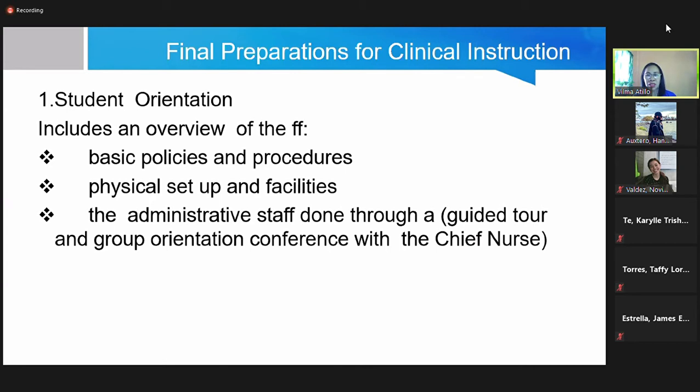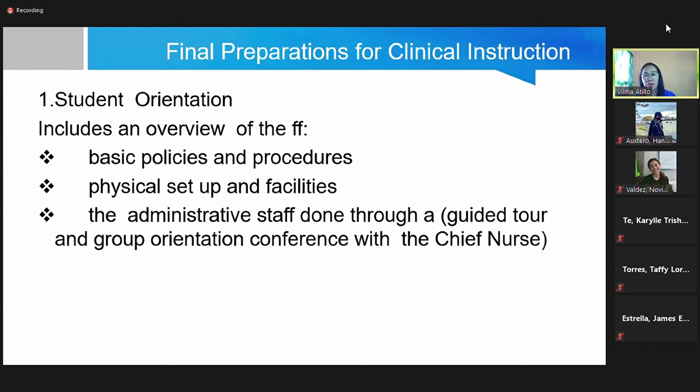Mga policies, no, procedures. Sa San Pedro Hospital, we have also, it is the staff as well as the head nurses and the president of the hospital will go to the school, conduct the orientation in the gym also. So, nandiyan na yung basic policies, set up, and the facilities that we can avail.